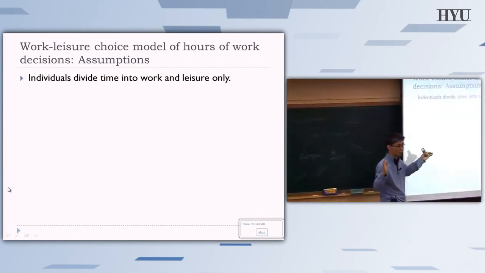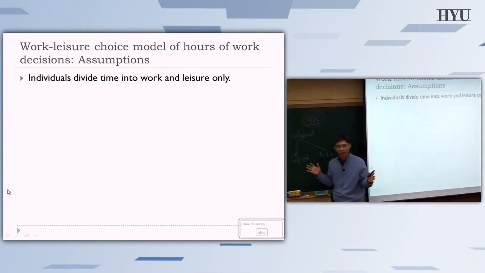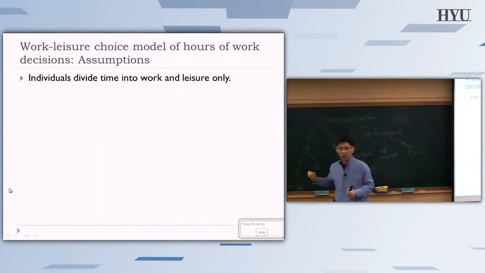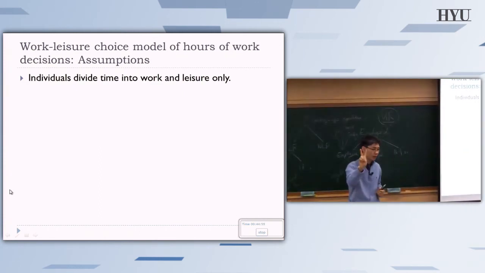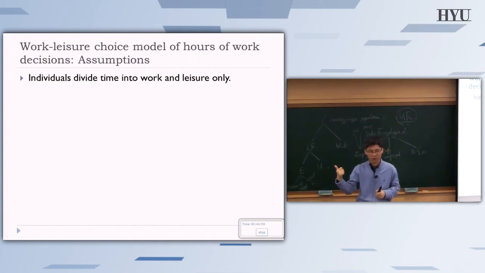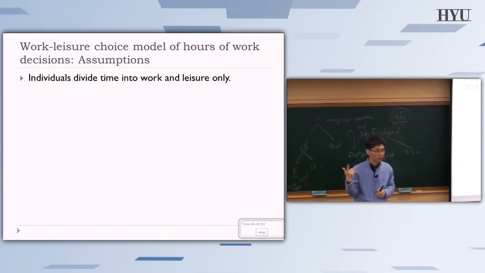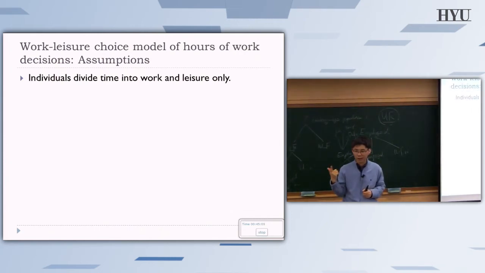You cannot change it. Now, people use the time in all sorts of activities, but in this model, we have only two activities, work and leisure. With work, you earn money. With leisure, you do not earn any money, but you get utility, you get happiness.